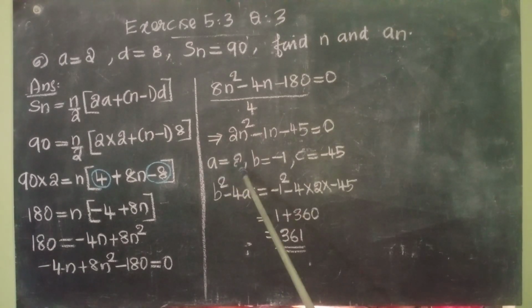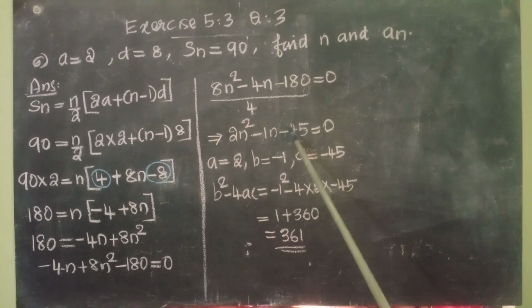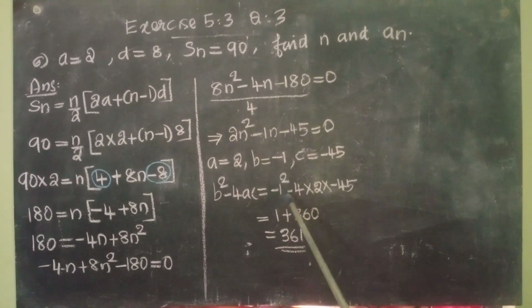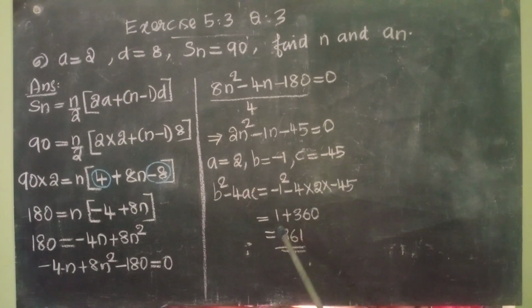Here a equal to 2, b equal to minus 1, c equal to minus 45. b square minus 4ac equal to minus 1 square minus 4 into 2 into minus 45. That is equal to 1 plus 360, that is equal to 361.